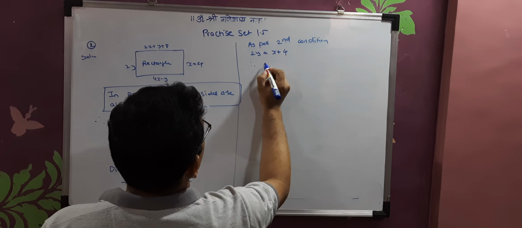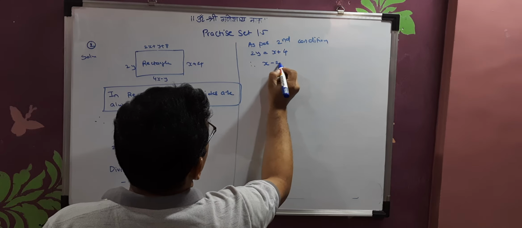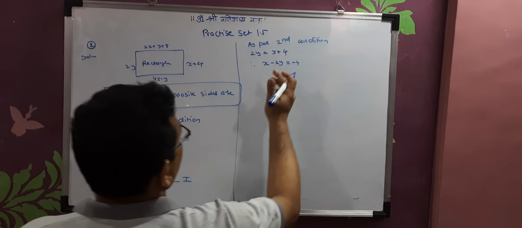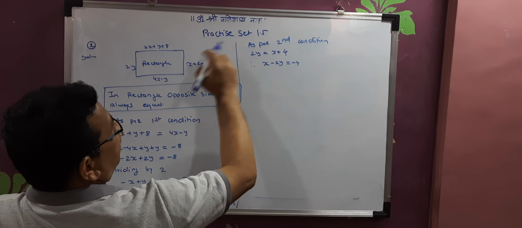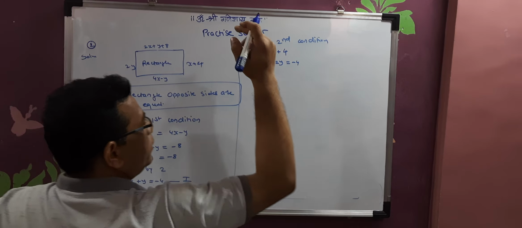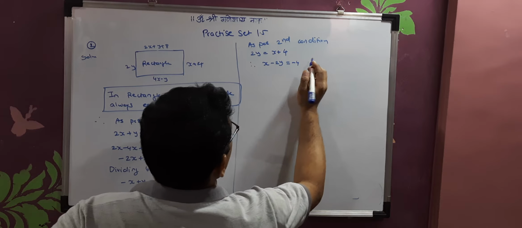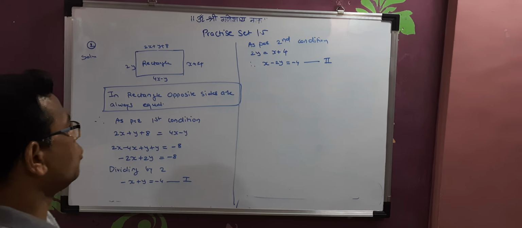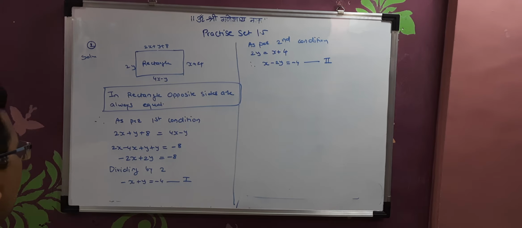So the equation will become x minus 2y is equal to minus 4. What I have done? I have shifted this 4 to the left hand side, it will become minus 4, and 2y I have shifted to the right hand side, this will become minus 2y. This is the second equation.